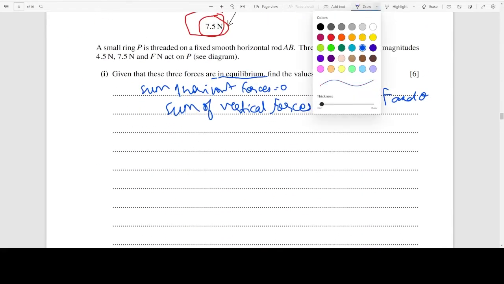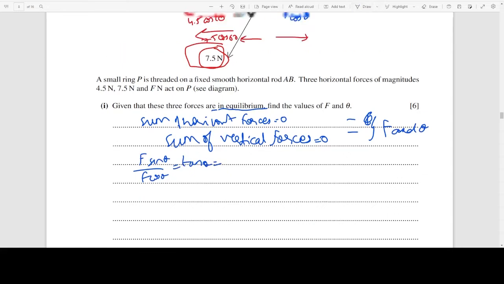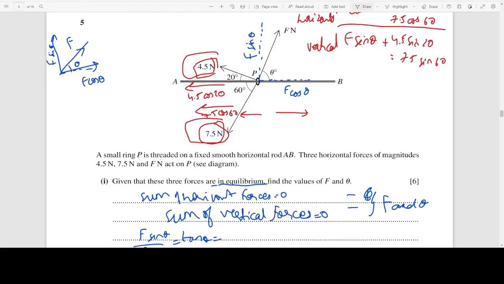All you have to do now is just solve, because you have two equations and you can solve them simultaneously. One thing you can do is F sine theta upon F cos theta, which is equal to tan theta. If we solve this, we get F sine theta is equal to 7.5 sine 60 minus 4.5 sine 20.